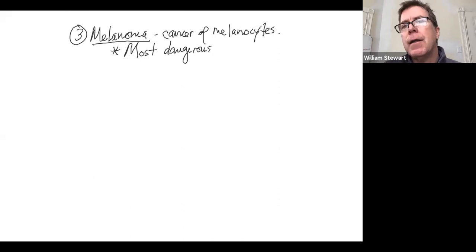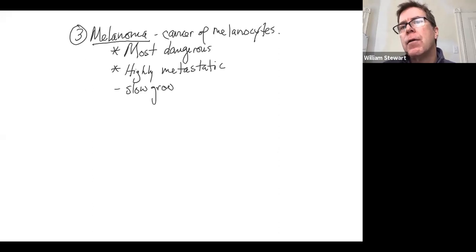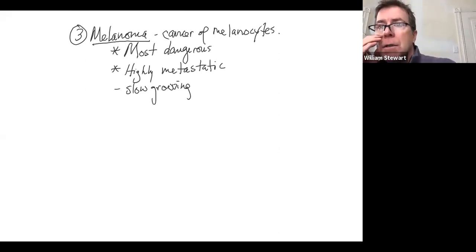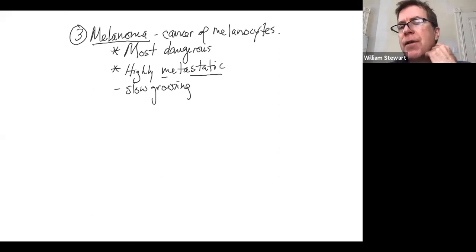It is highly, highly metastatic. That means if left unchecked, it is somewhat slow growing, so I'll put that. It is relatively slow growing, which is good news for us humans. Highly metastatic means it almost always, if left unchecked, spreads to other parts of the body.